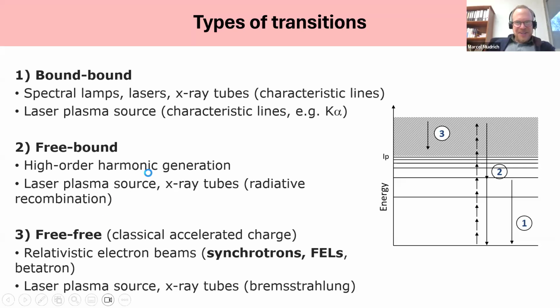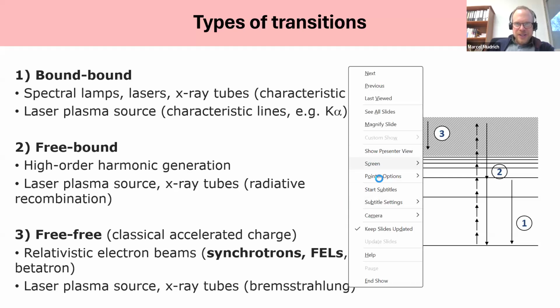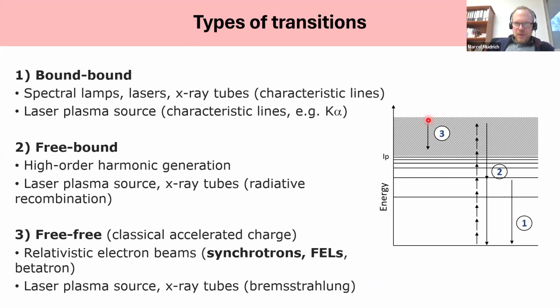So we just realized that so far we have been talking about bound-bound transitions, like in standard lasers, and free-bound transitions, like in high harmonic generation. But the best process for having full flexibility in terms of photon energy would be to drive controlled free transitions.